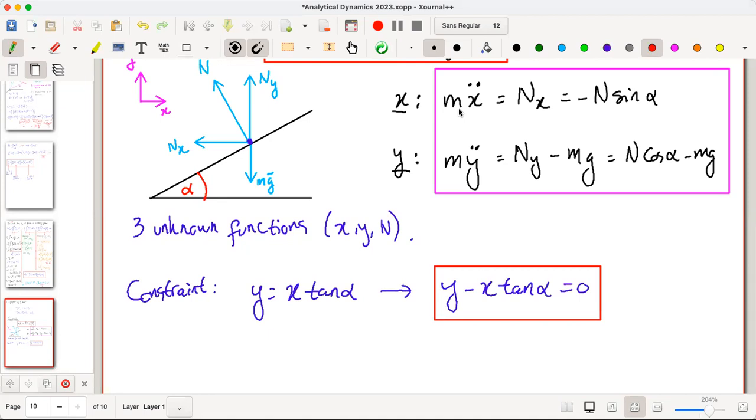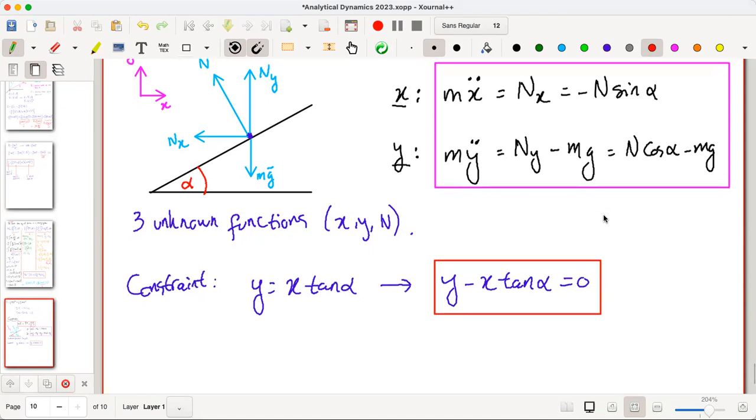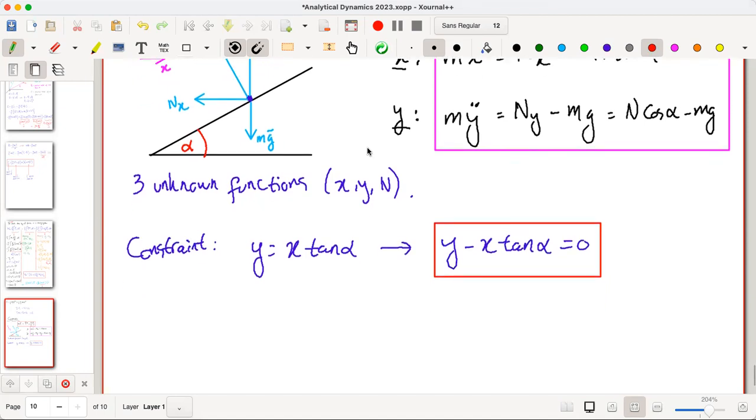Now using this, obviously we can solve the equations of motion easily, right? How do we solve it? Well, take a look at the constraint and take the derivative twice for both sides. So we can write down that this is y double prime, this is just x double prime.